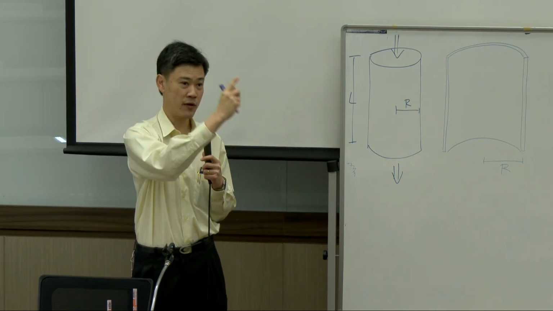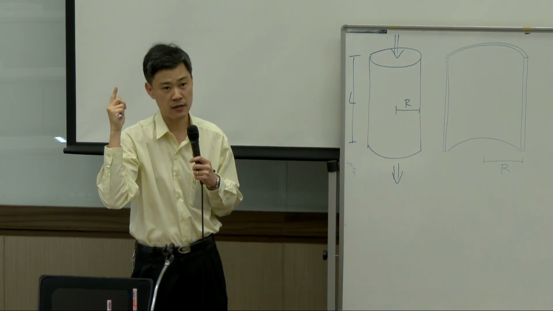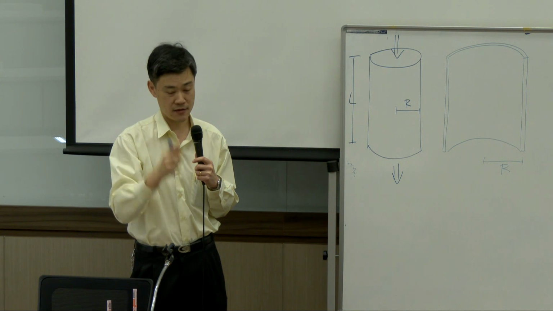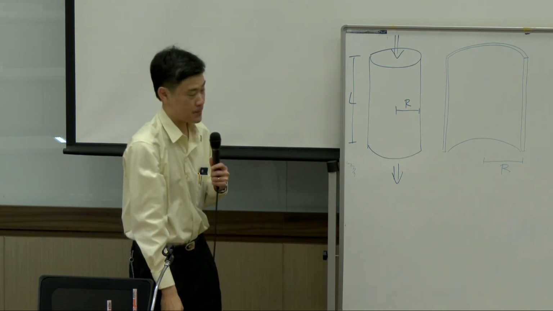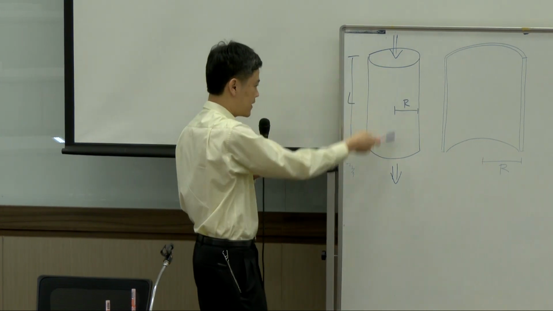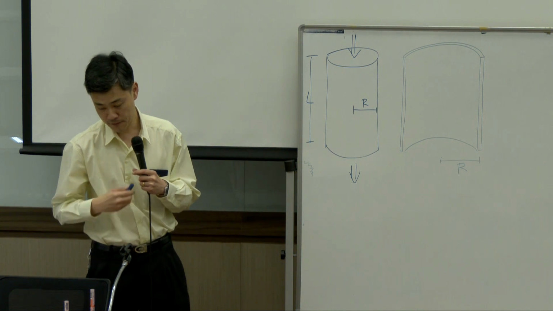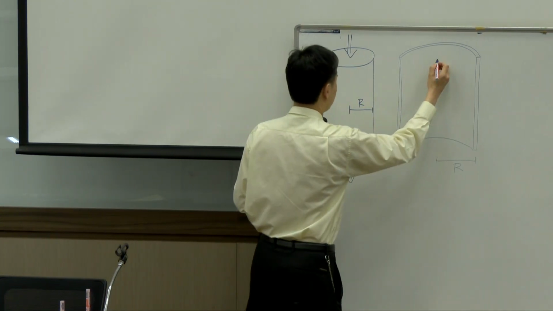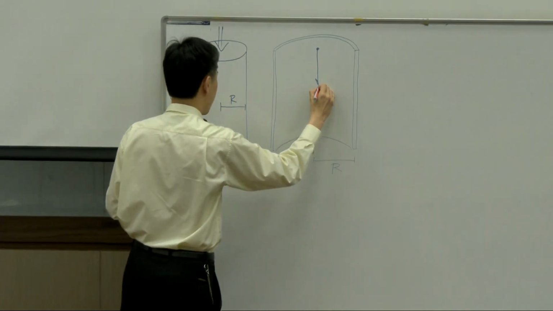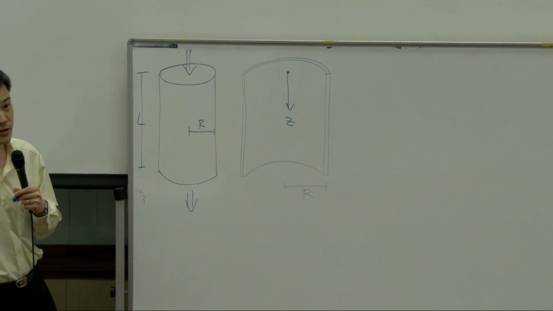Anything going this way has velocity in the theta component. And then z goes up and down. In this case, the z-axis is supposed to go along with the flow. So I will have my z-axis going down and located at the center of the pipe.